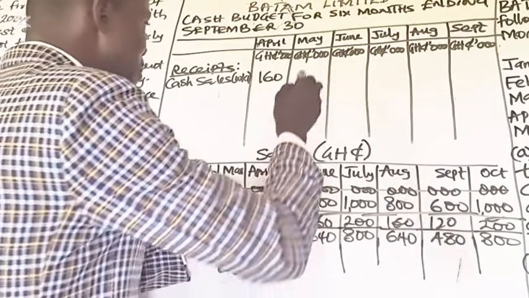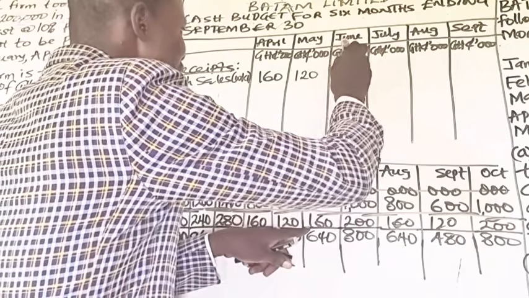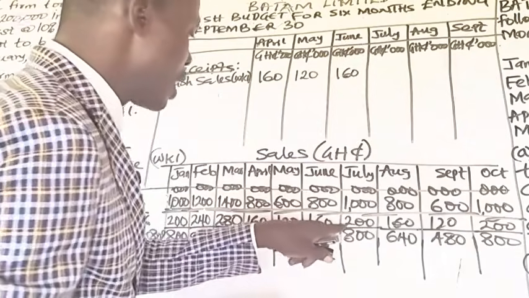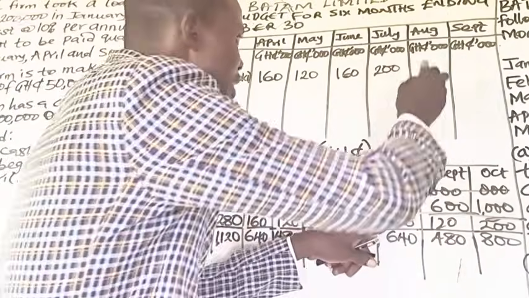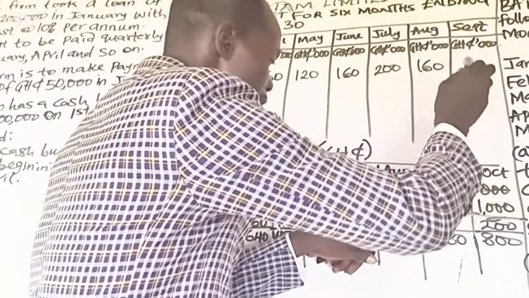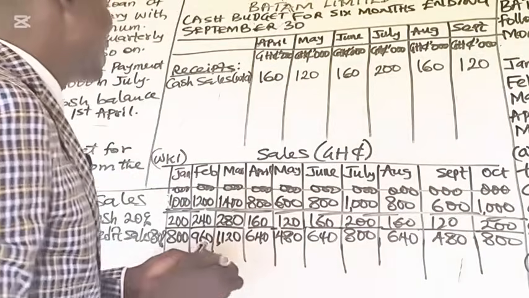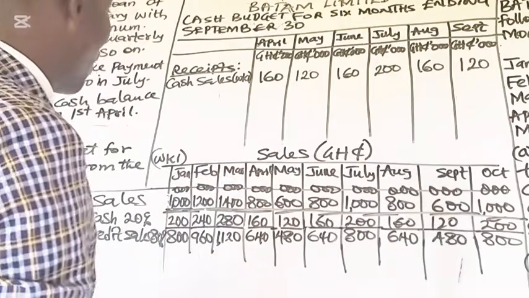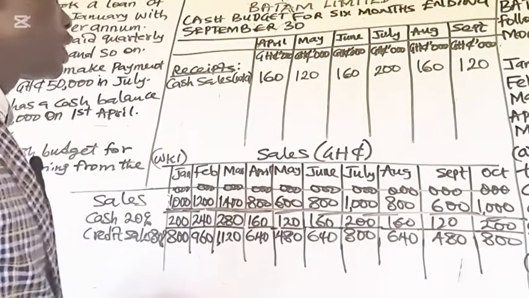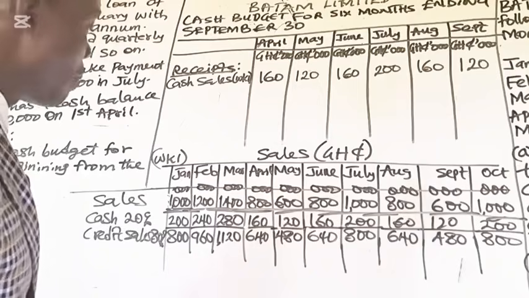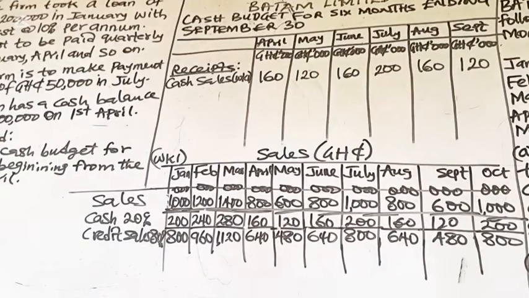Then we have 120 in May. Then 160 in June. And in the month of July, we have 200. August, we have 160. And September, we have 120. These are the cash sales of the sales made in each of the months. I've told you that the cash sales will be received in the very month in which the sales are made.